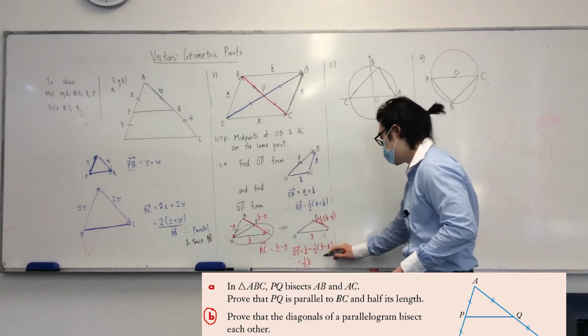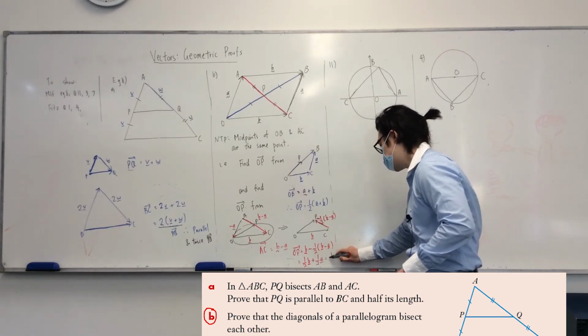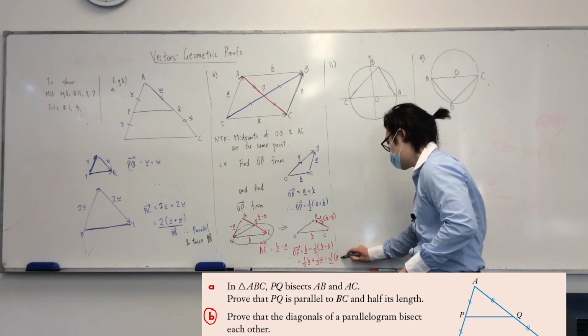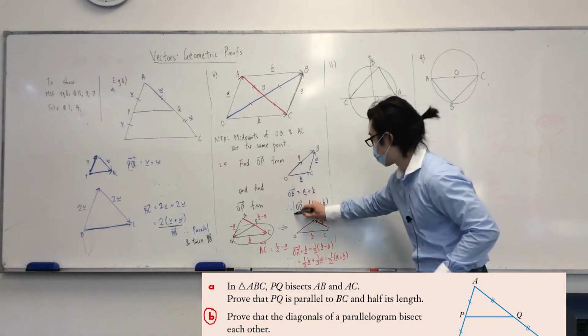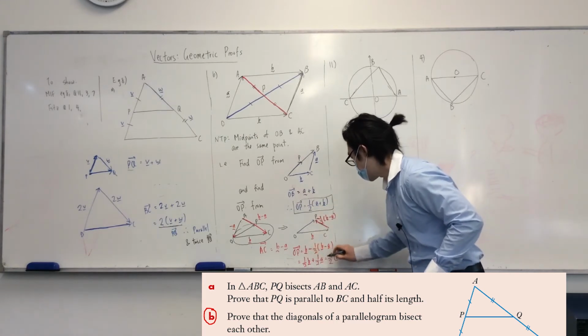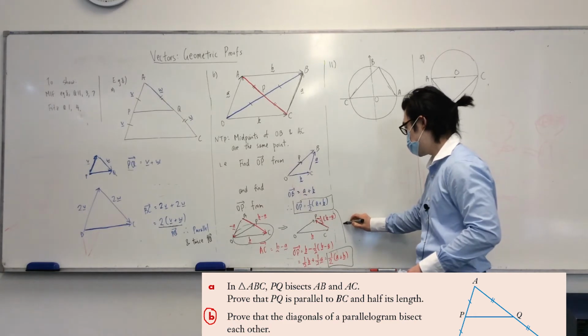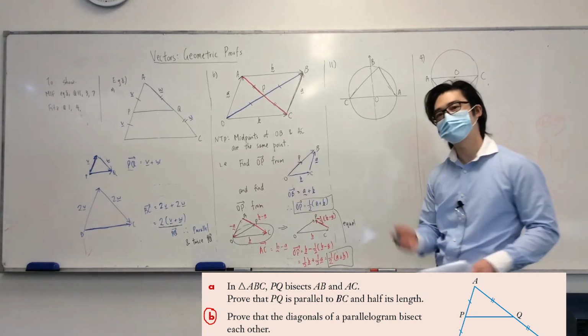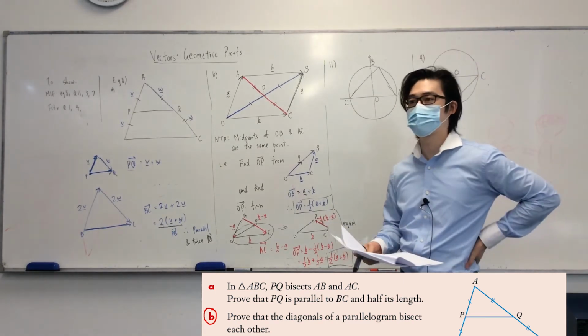This one, minus times minus becomes plus. So as you can see, that's this, and they're the same. Yeah. Okay, it's equal. So that's basically how you prove diagonals bisect each other in a parallelogram.